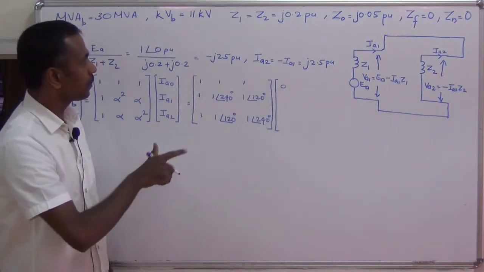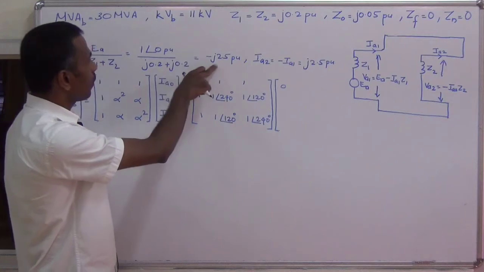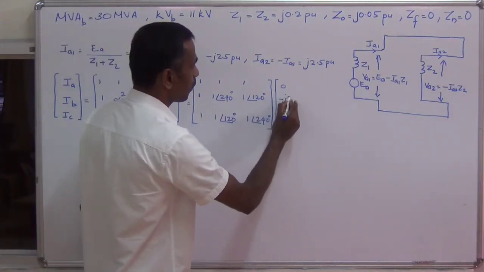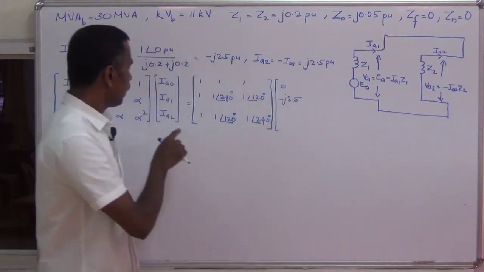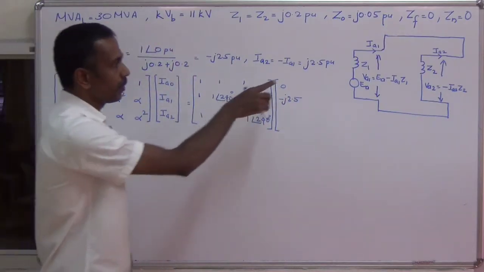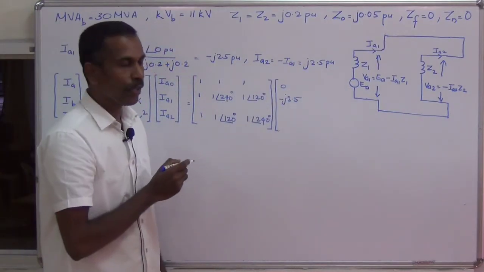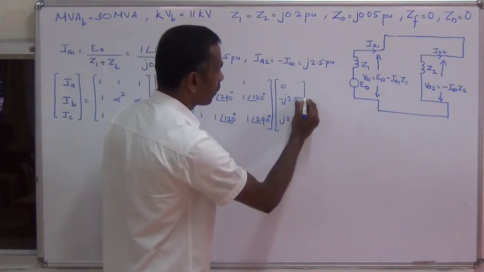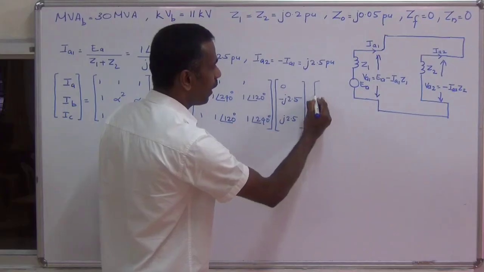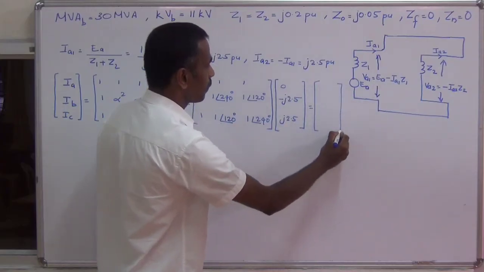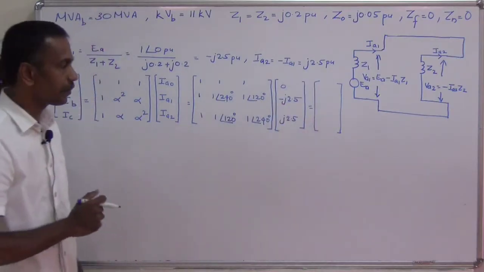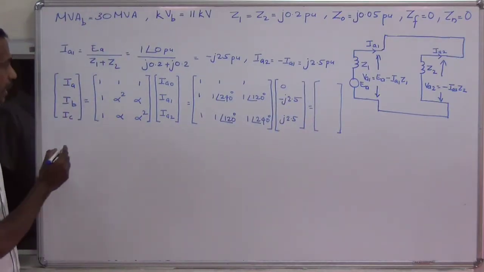IA0 equals 0, IA1 equals minus j 2.5, IA2 equals j 2.5. We will write the values here. What is IA from this equation?